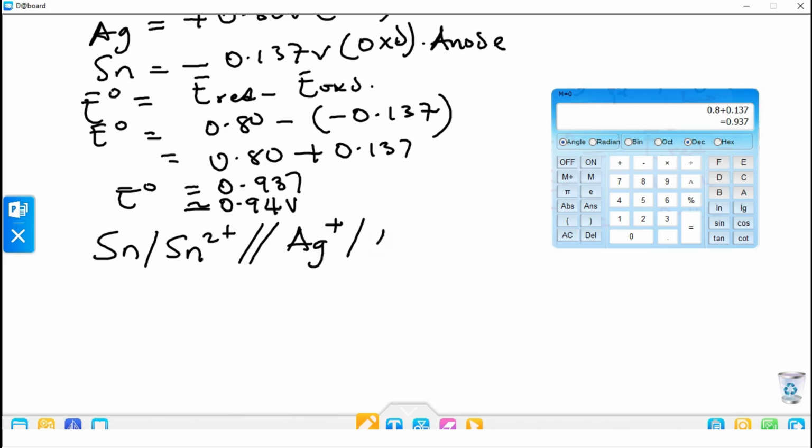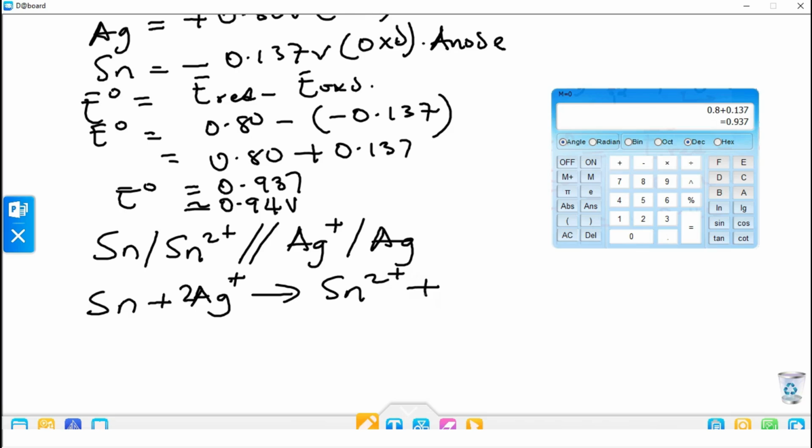But it is worthy to note here, this is just the cell representation. If we are to write the full equation, this is now going to be Sn plus Ag+, that gives us Sn2+ and Ag.